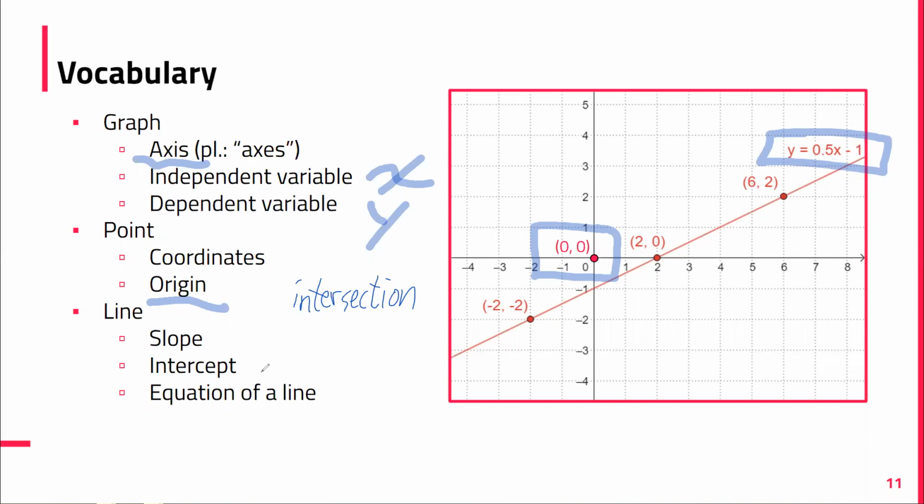Okay, you have part of it. You want to add the details? Intersection is when two equations of a line cross, and intercept is when a line crosses an axis.